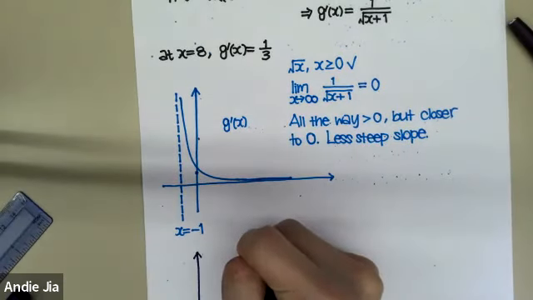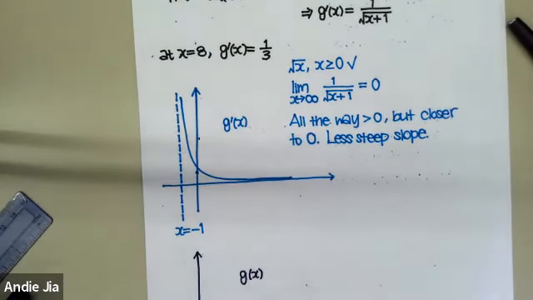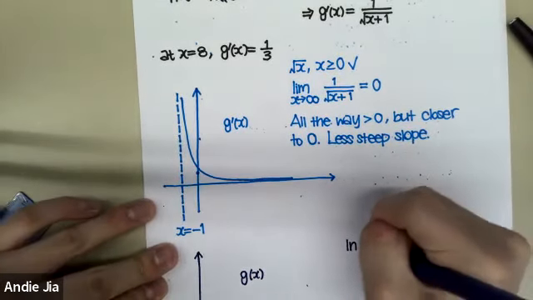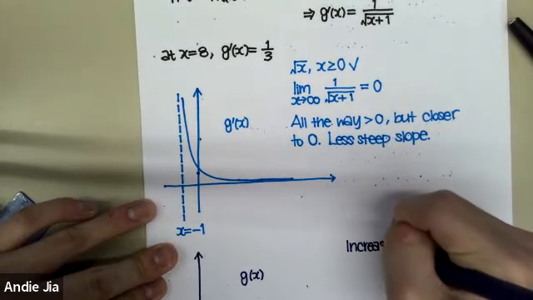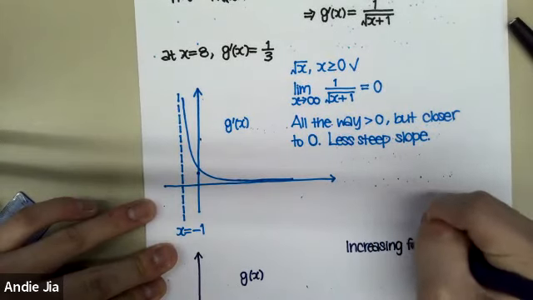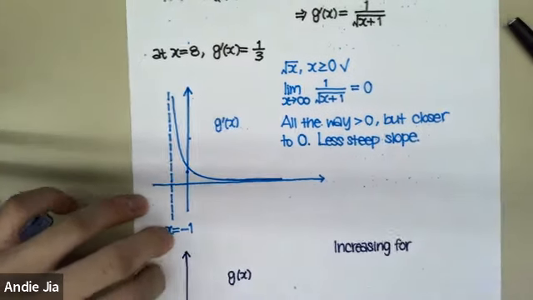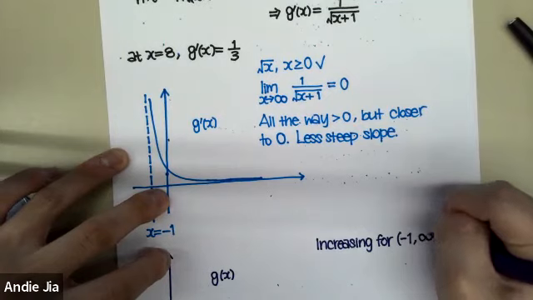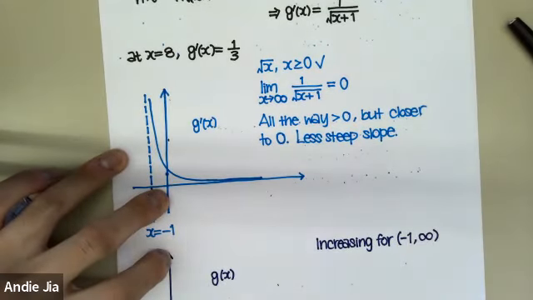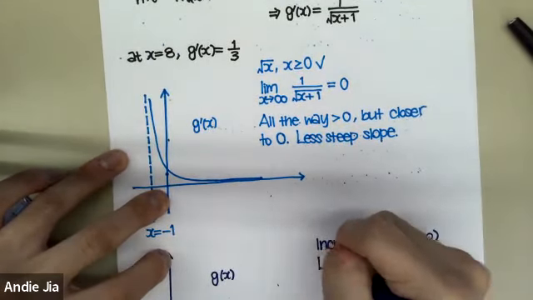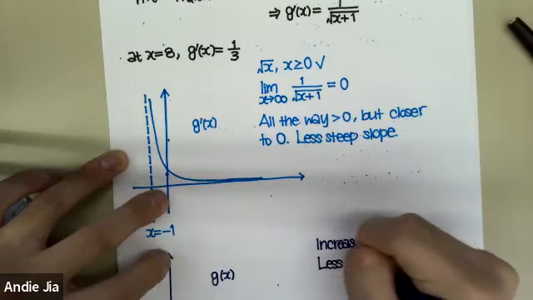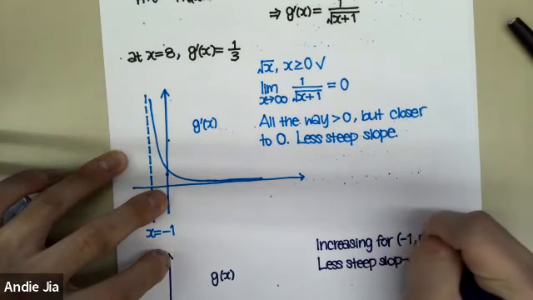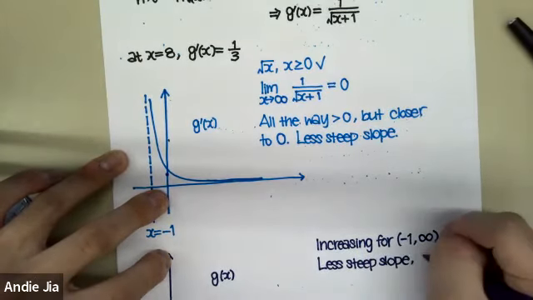So it's the g of x, and you can see it is increasing for all real numbers, but it's less steep, a less steep slope, but still increasing.